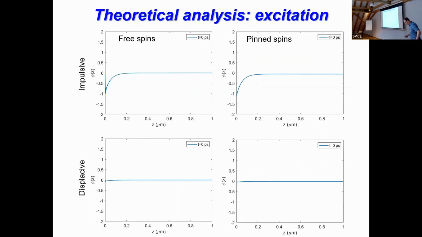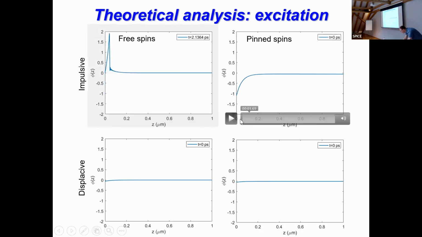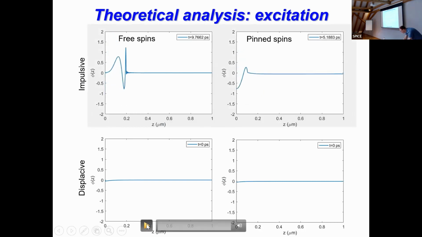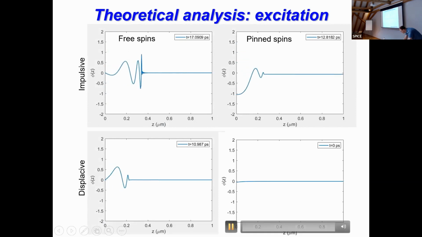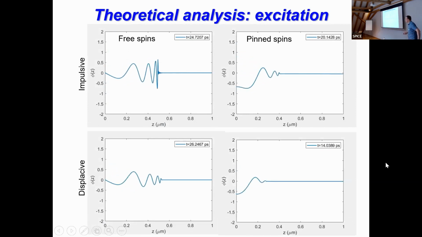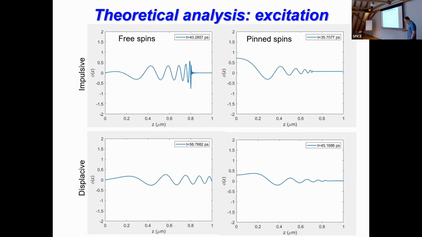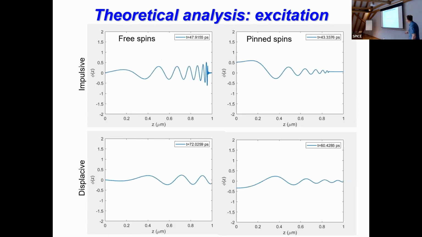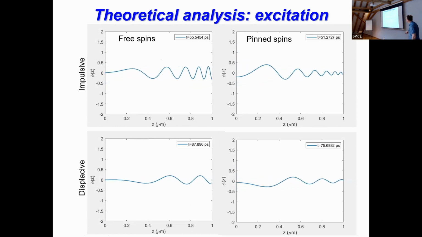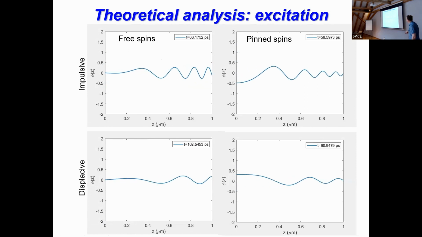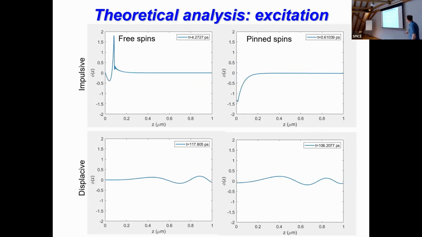And what we can see, for different parameters, for either impulsive or displacive excitation, and for different boundary conditions of free or pinned spins, is that we essentially get the excitation of various spin wave packets, the properties of which depend on the character of the excitation and the boundary conditions.